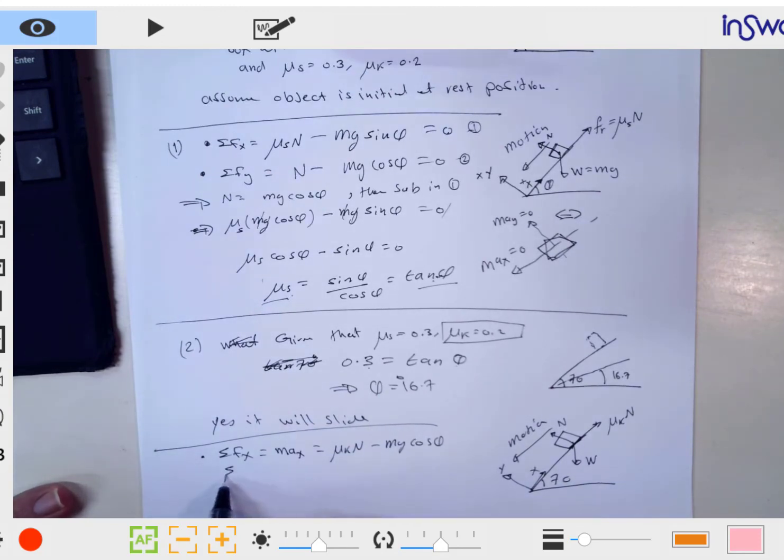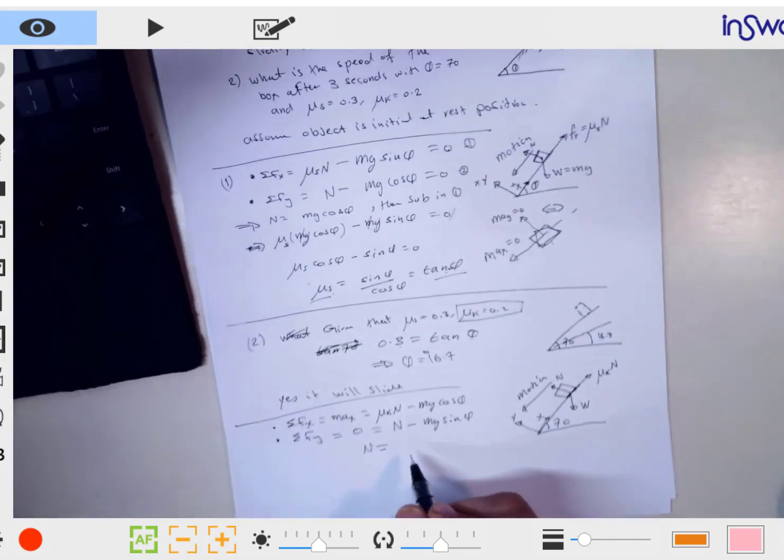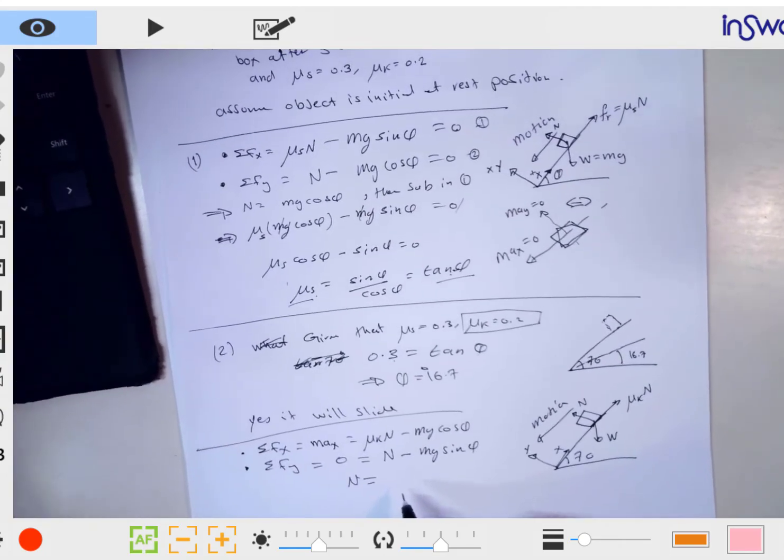And this second one, summation of forces in y, nothing is happening in the upward direction. Okay, now which means N simply is equal to mg, let me calculate that now. m, I assumed it to be equal to, I don't remember, did I give a mass?